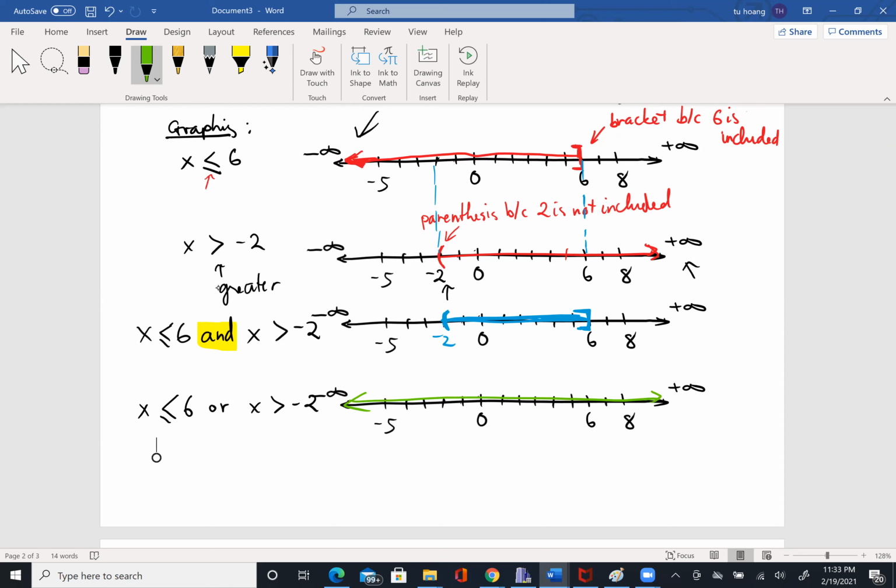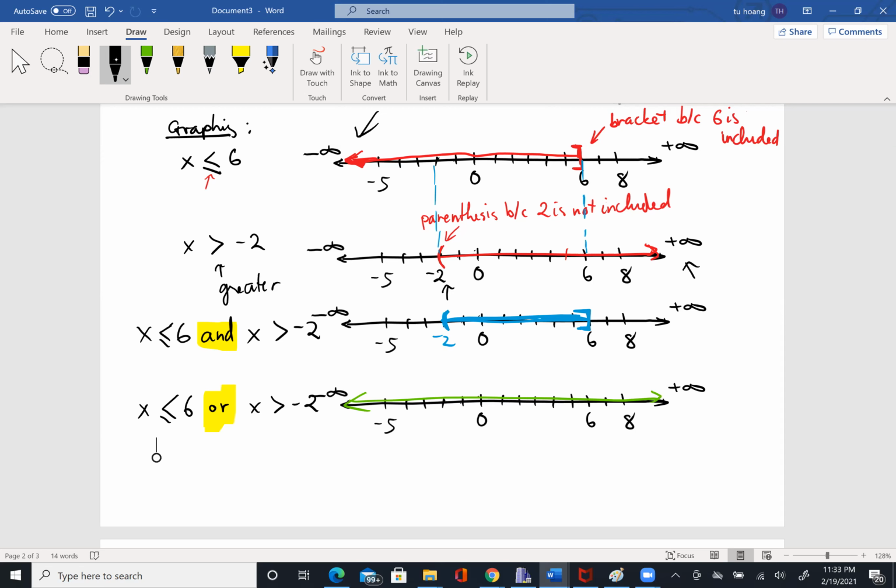Since it's an or, remember that it's just going to be the union of everything: the first set union with the second set. You see there's just a whole line from negative infinity to positive infinity.